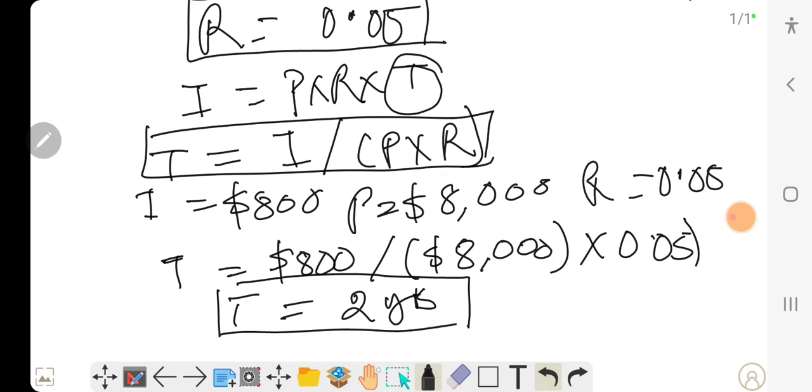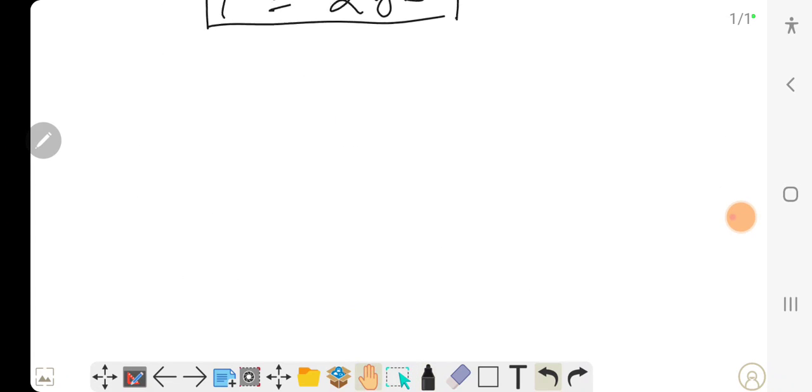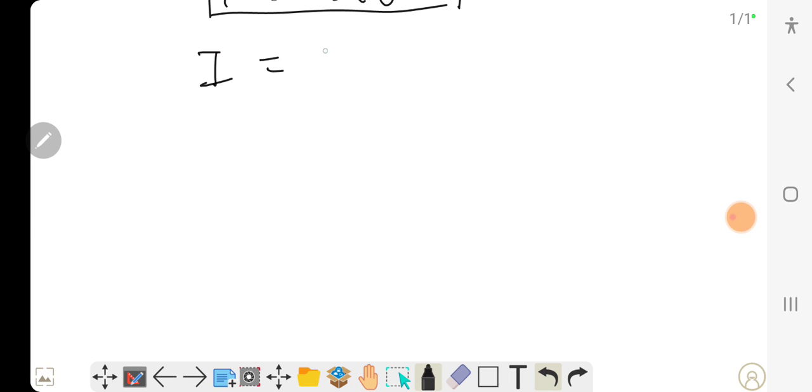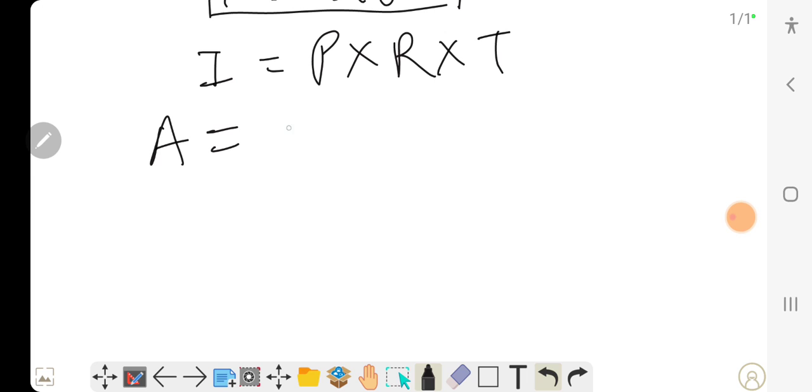Okay, and the last point is, we know that I equals P multiplied by R multiplied by T. So the accrual amount at the end of this investment period is going to be the principal plus the interest.